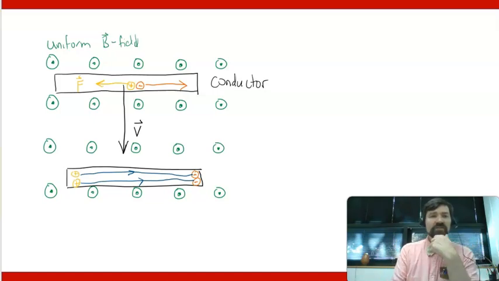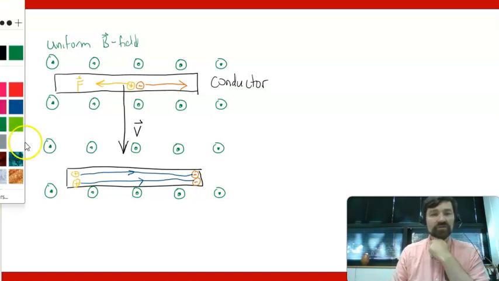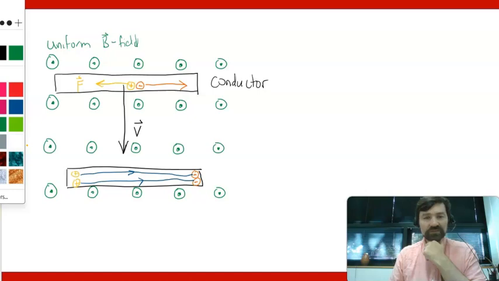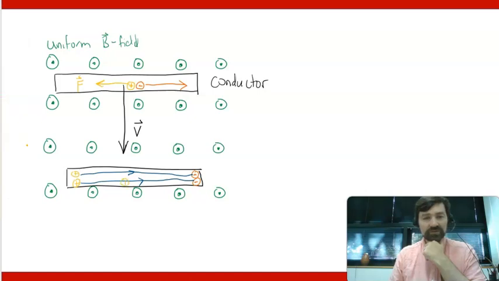Now let's consider again another charged particle. Right here is another charged particle. We'll make it a positive charge, though we could use a positive or a negative. I continue to have a force in this direction from the magnetic field. This force that I originally drew was from the magnetic field.